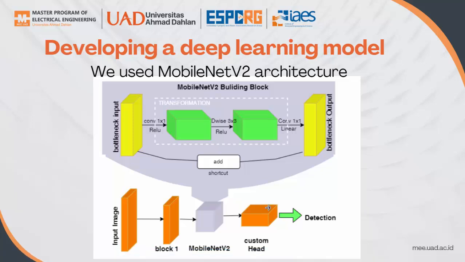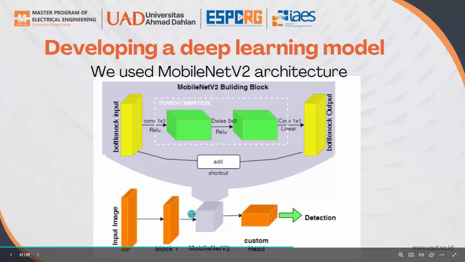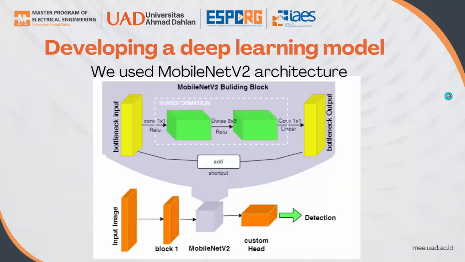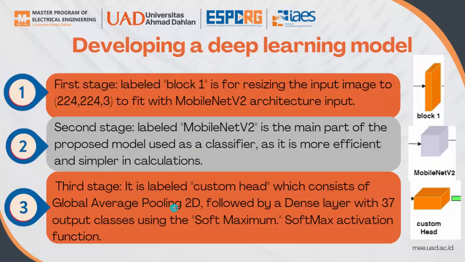So we use MobileNet with 2 blocks added. The first stage we call block 1. You can see it here. Block 1 is for resizing the input image to fit the MobileNet v2 architecture input.